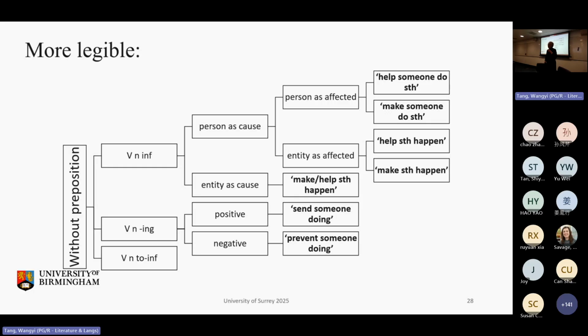So now we're going from the meaning to one of the choices of how to make that meaning without a preposition, to the patterns that are the resources for making that meaning, then the choices of person as cause or entity of cause as positive or negative, other choices, person as affected, entity as affected, and ending up with the constructions: the help someone do something construction, the make someone do something construction, the help something happen, make something happen, send someone doing something, prevent someone doing something. So you start with the meaning, you go through the various choices, and you end up at the construction.